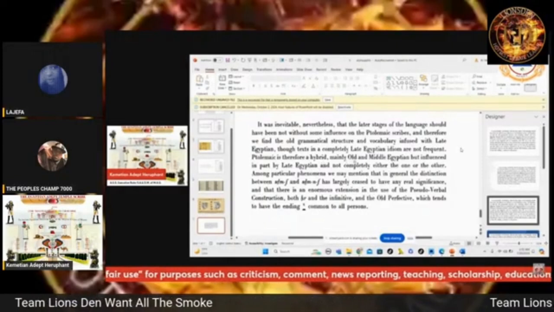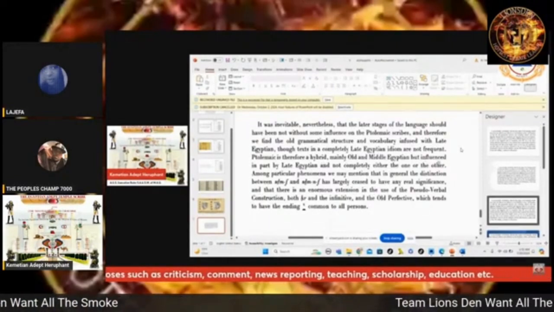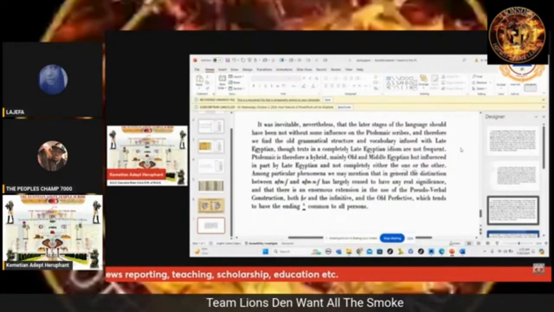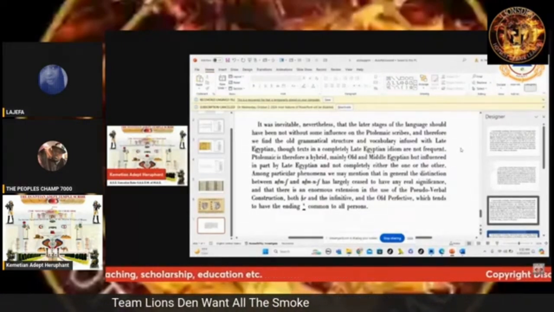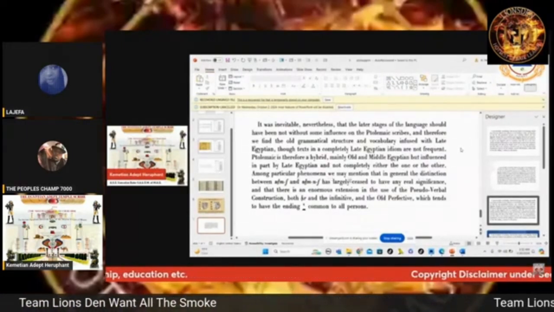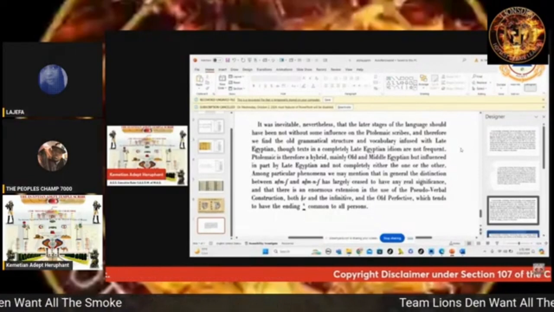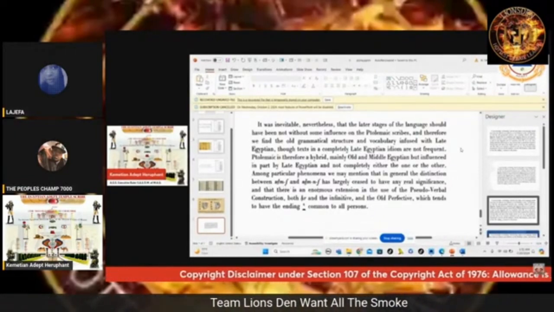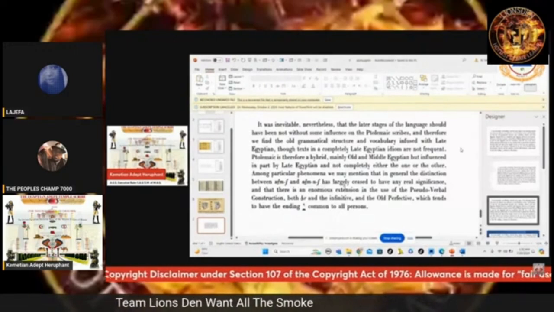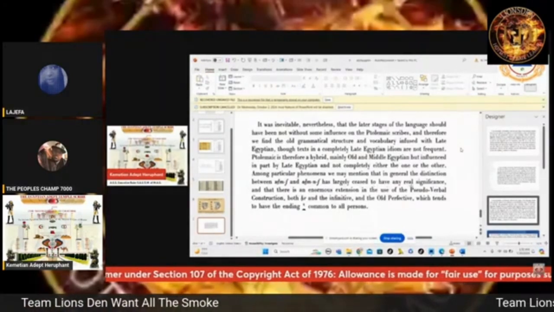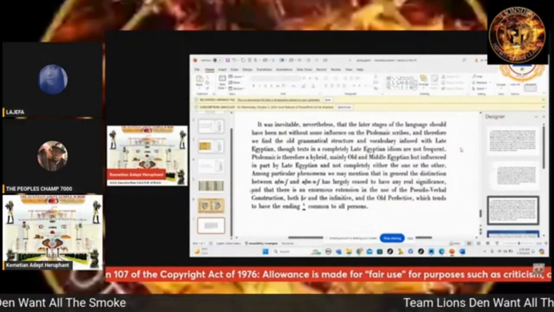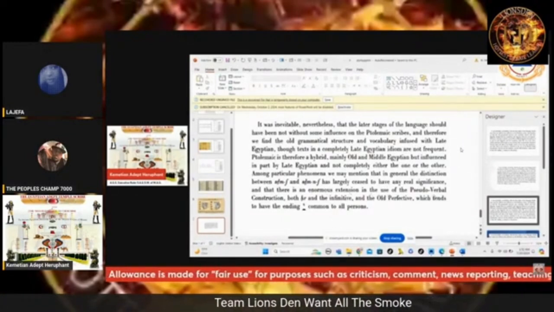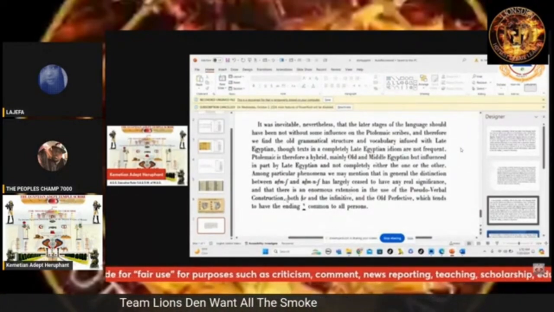It said mainly Old and Middle Egyptian, but influenced in part by late Egyptian, not completely either the one or the other. Among particular phenomena, we may mention that in general, the distinction between what they call sedjemef and sedjemnef has largely ceased to have any real significance, and that there is an enormous extension in the use of pseudo-verbal construction.